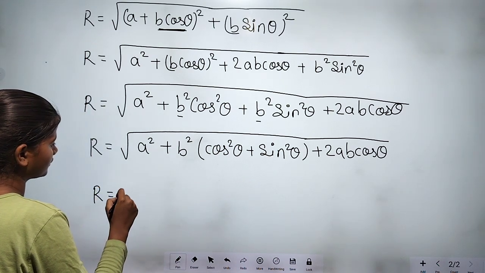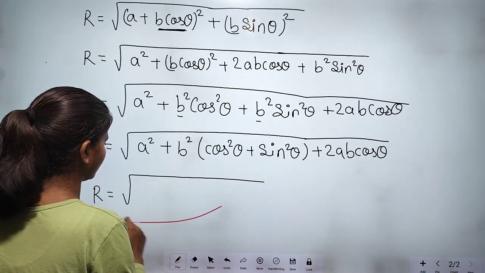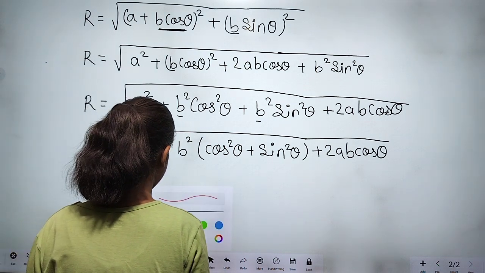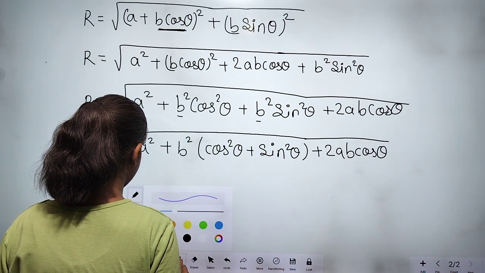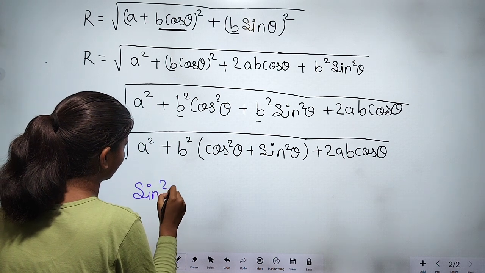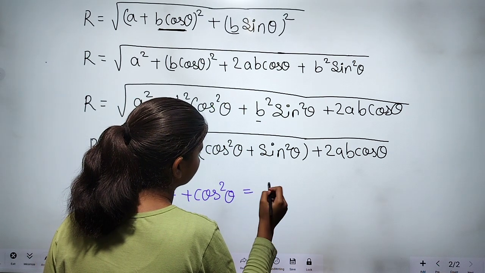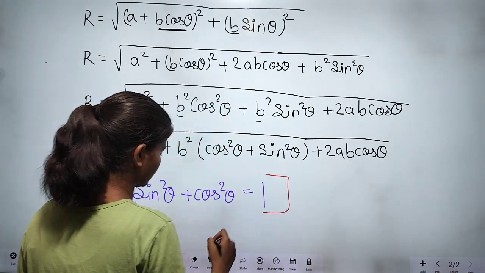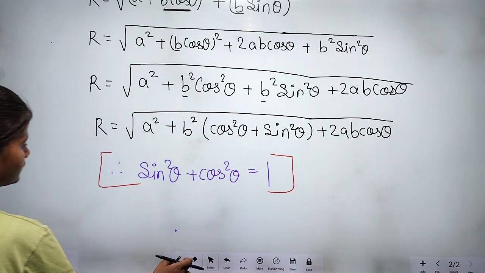Now here R is equal to, we all know that sin square theta plus cos square theta is equal to 1. This one is our formula.